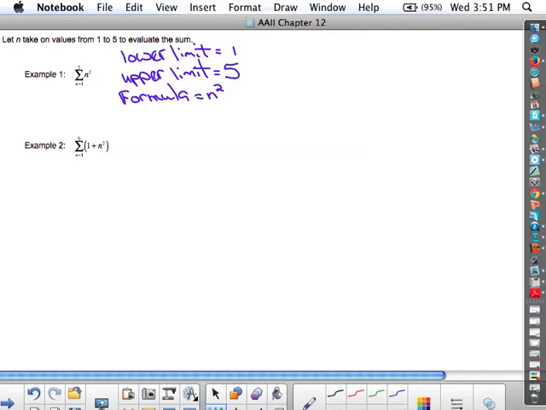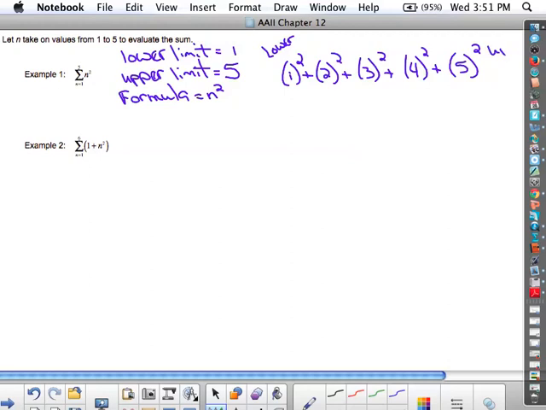So now I want to add these together. So my first term is going to be 1 squared, then plus 2 squared, plus 3 squared, plus 4 squared, plus 5 squared. So here I'm starting with my lower limit and ending with my upper limit. Simply substitute in that index of summation, those numbers.